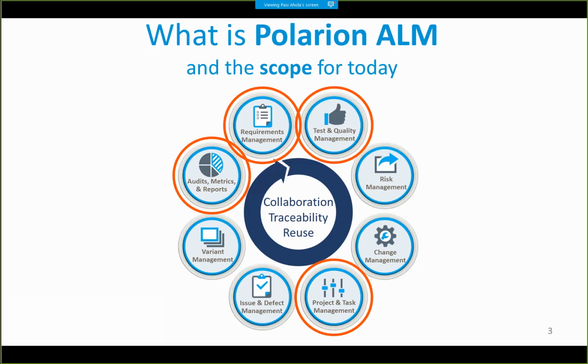We'll not talk about a lot of that today, but it's important for you to realize that it's capable of supporting many workflow-based processes such as CAPA, meaning corrective and preventive actions. And we'll talk a lot about collaboration and traceability during the demo today.